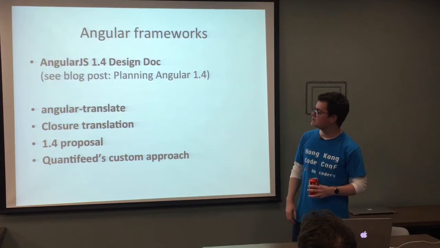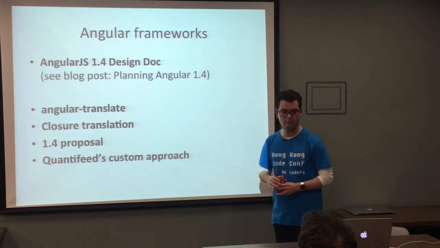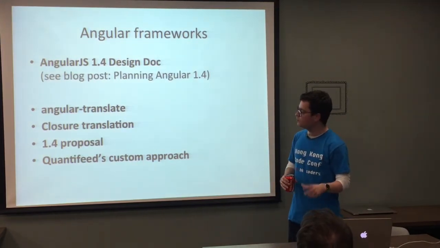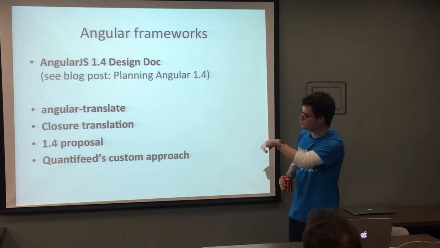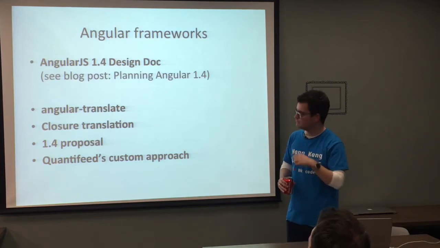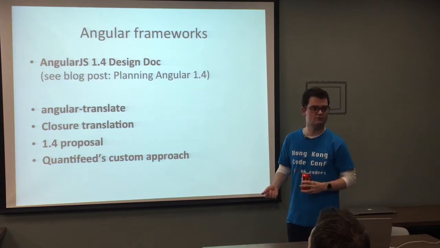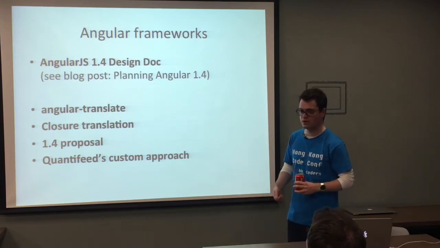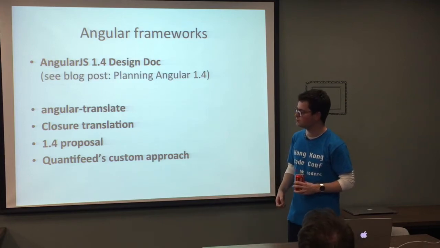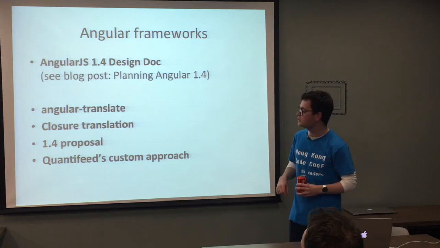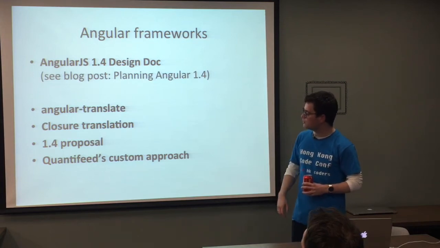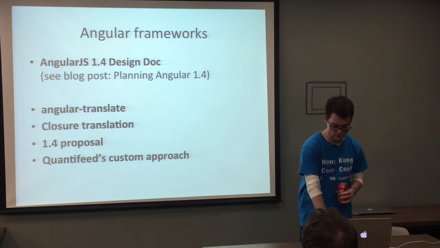In the meantime, there has been Angular Translate, which is a module that provides a way to do it, and I will go through all these four methods in a bit. There's also the Closure translation, which comes out of Google and which I think they use mostly for their own products. You can see it's quite solid, but it's really an internal Google project. Then there's the 1.4 proposal and the method that I chose to use myself.